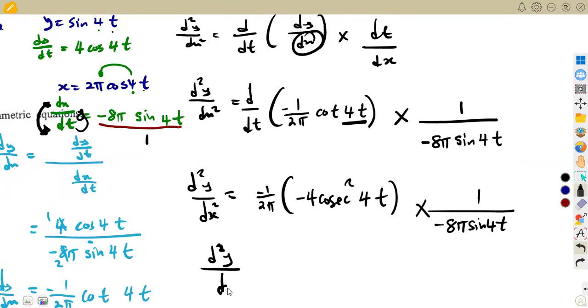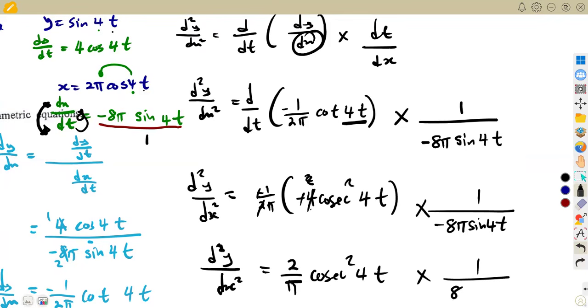So it's just a matter of simplification. If we simplify further, we get negative, which is a positive, 2 into 4 here. That's a 2. So it's going to be 2 over pi cosec squared 4t times 1 over negative 8 sine 4t.